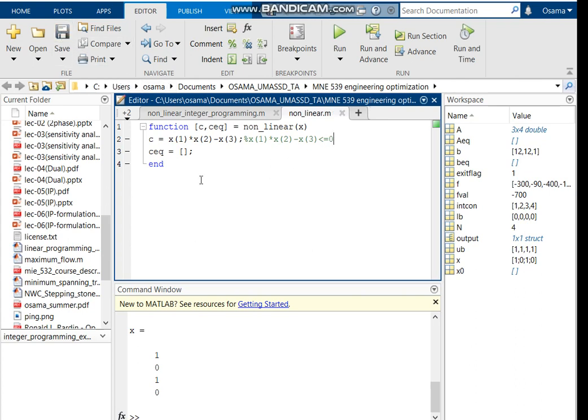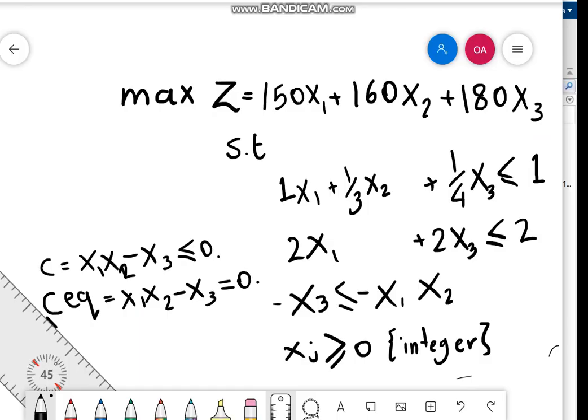Then we're going to define the MATLAB code. Basically what you're going to do is the same thing you have done with the integer programming problem, but because we have the nonlinear constraint, we will be implementing both fmincon from the optimization toolbox with the branch and bound methodology.